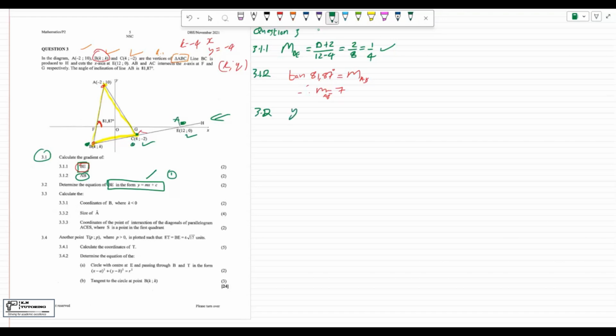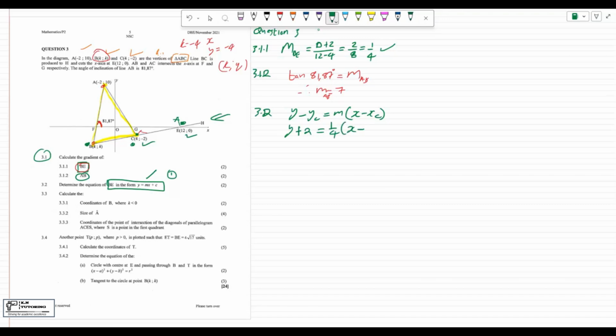So I'm going to use the formula that says y minus y at C is equal to m into x minus x at C. What is the y value at C? It's minus 2, so negative negative is going to give me positive. The gradient I found to be 1 over 4.